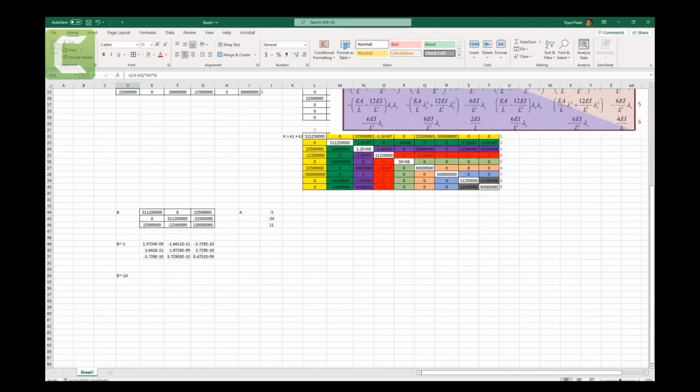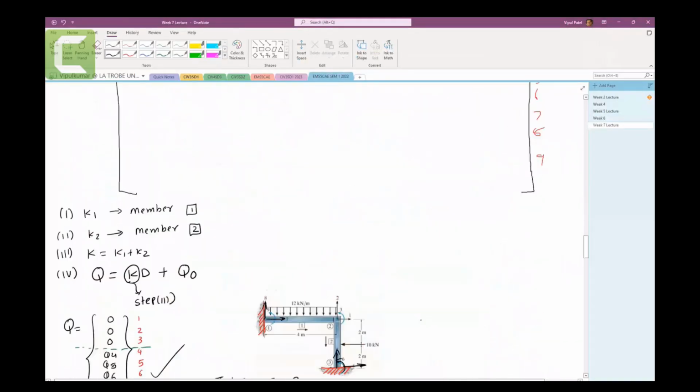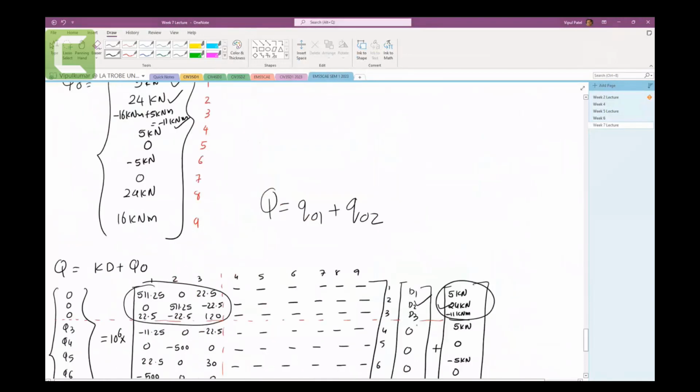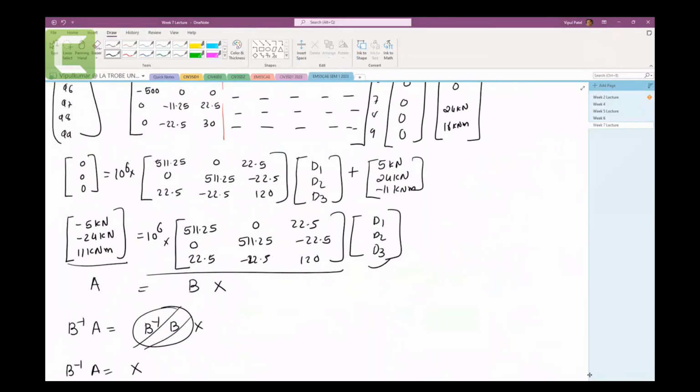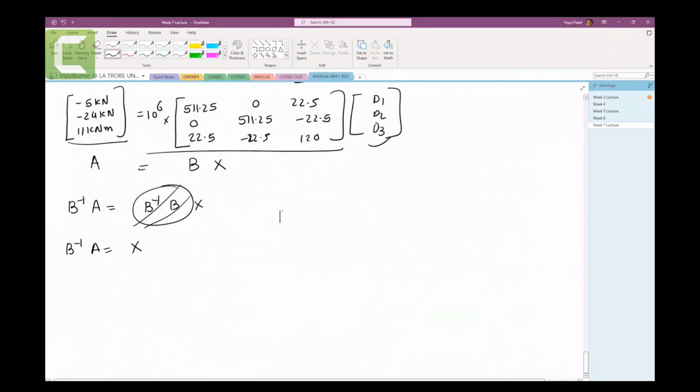So multiplication, you know these rules, right? We got the B inverse, a 3 by 3 matrix that is already given in Excel. And then you have the A matrix, which is minus 5, minus 24, and 11, a 3 by 1 matrix.